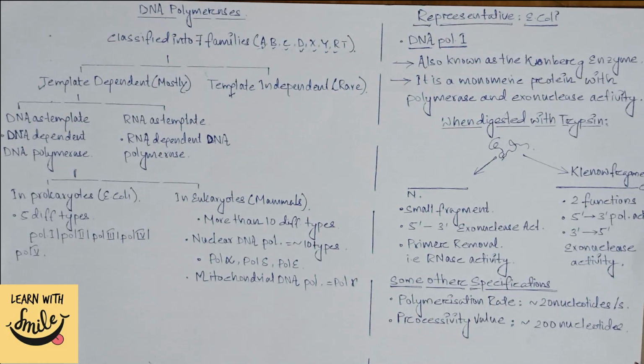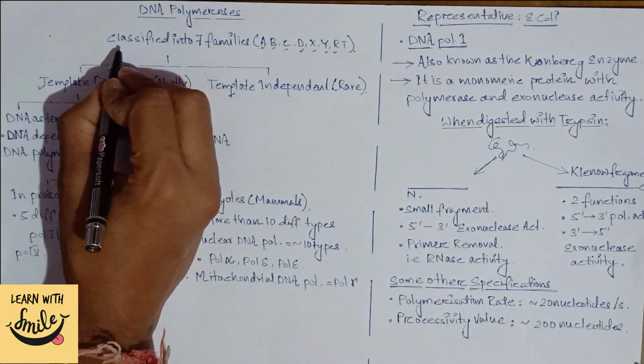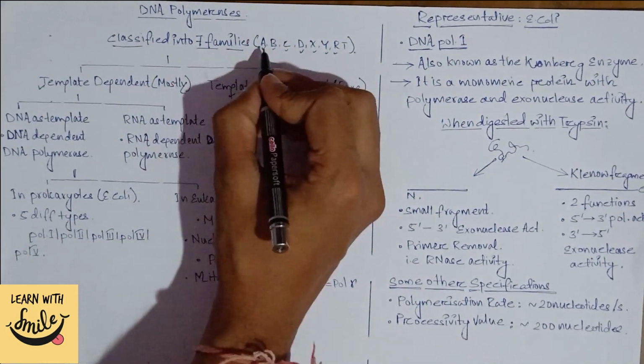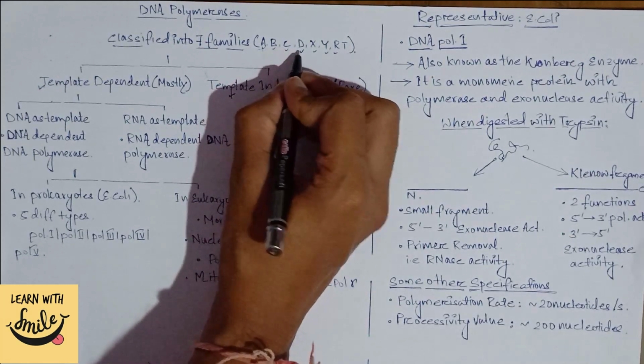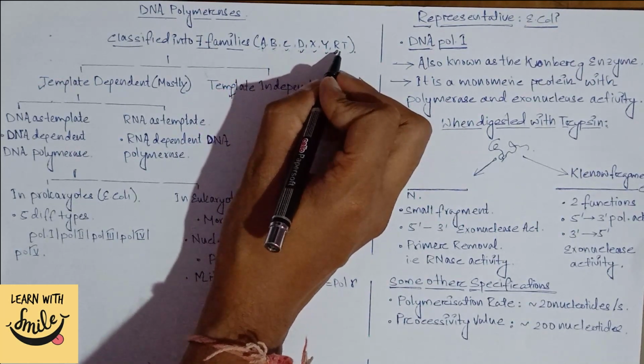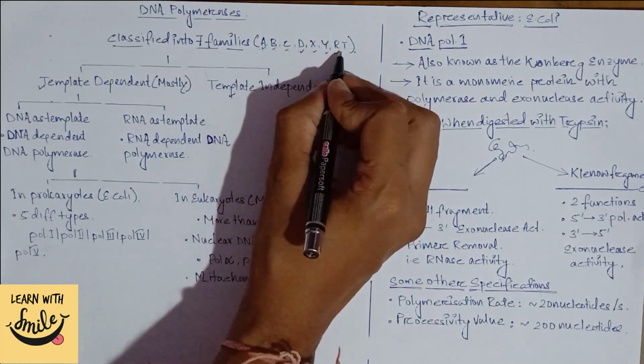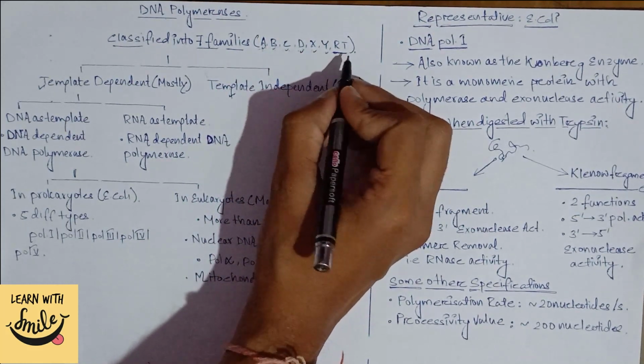Just as an overview, I would like to state the different classification of DNA polymerases and their basis of classification. Basically, DNA polymerases are classified into 7 different families: A, B, C, D, X, Y and RT. That is 1, 2, 3, 4, 5, 6, and RT is a single one, being the 7th.